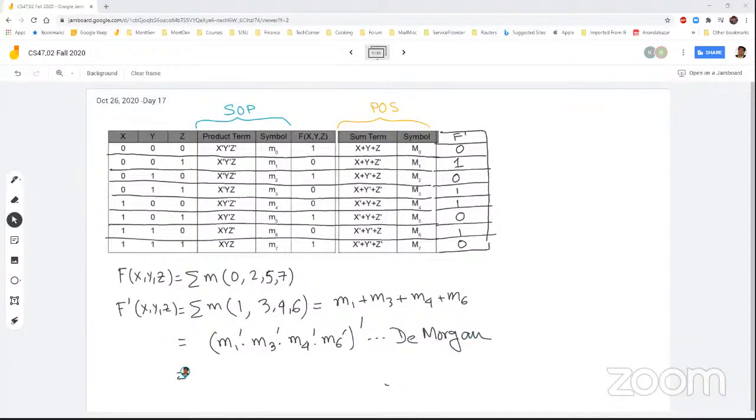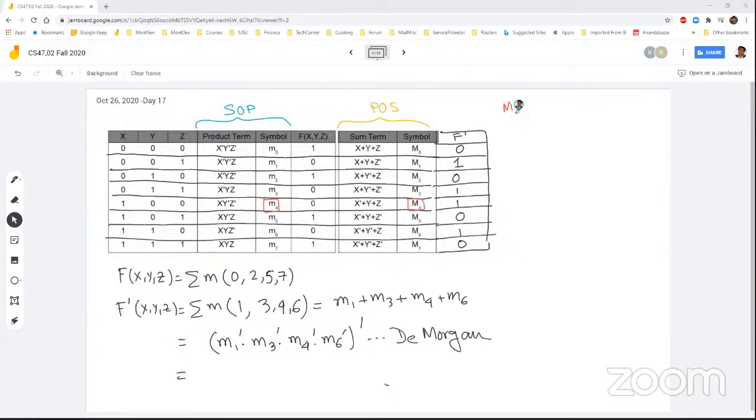Now we have this observation, that the relation between any M, like a sum term, to the product term is basically complementary. Like if you pick up anything, for example M4, sum term and product term M4. Now look at this.